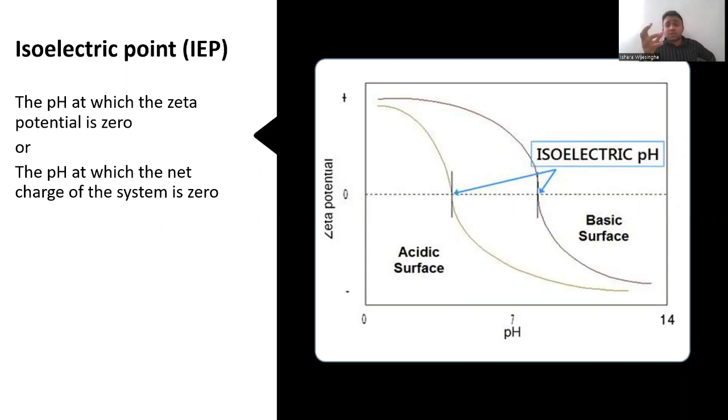When the net charge is 0, particles cannot move and there are no repulsions. So they will slowly come closer, merge and settle. That is coagulation. So what is the isoelectric point of latex at room temperature?